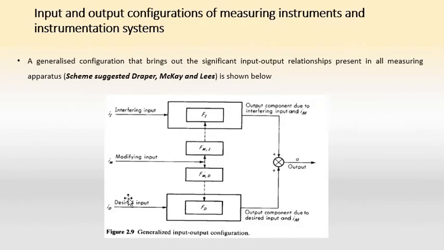Here you can see the desired input ID is given to a particular system, which has a constant FD that modifies this desired input. Next is the interfering input, which also has a constant Fi that will modify the interfering input as per the requirement.